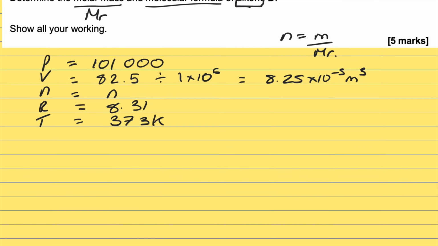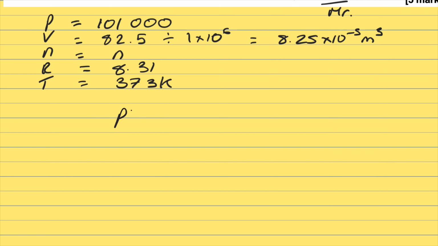Okay, so write my equation out. PV equals nRT. Rearrange, I'm getting it in terms of N, so I divide both sides by RT to get rid of it on this side, and it puts it on the bottom on the other side, equals PV over RT.